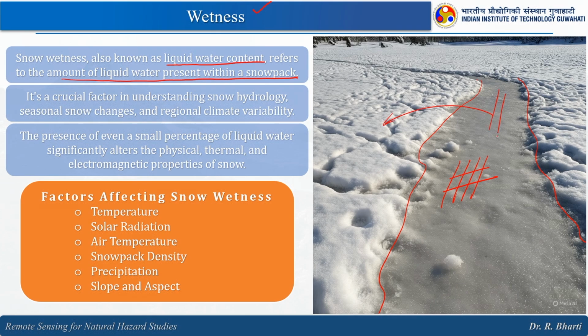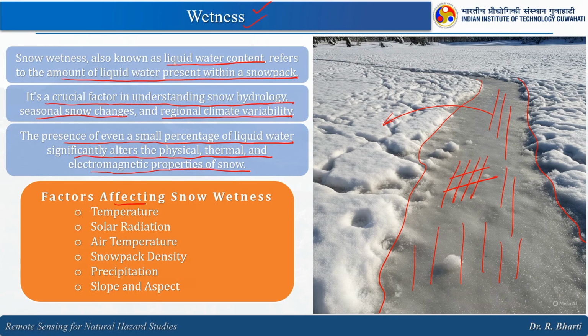Here you can easily see that this is wet snow, but in ideal conditions you need an instrument to measure the wetness. It is a crucial factor in understanding snow hydrology, seasonal snow change and regional climate variability. The presence of even a small percentage of liquid water significantly alters the physical, thermal and electromagnetic properties of snow.